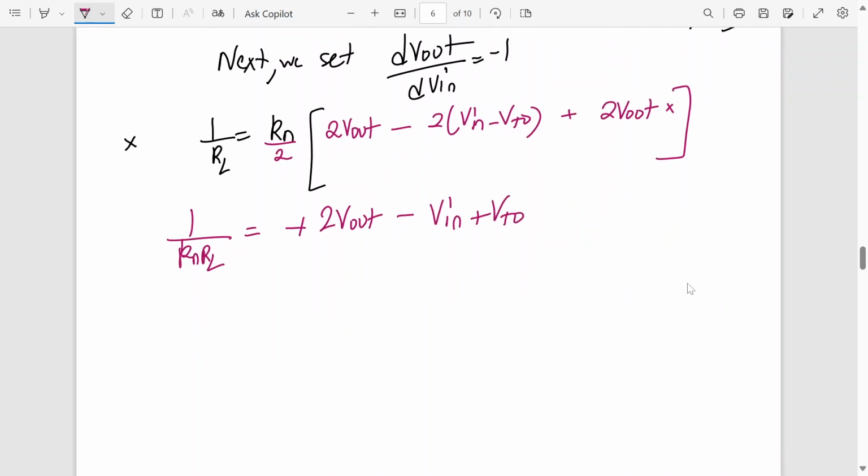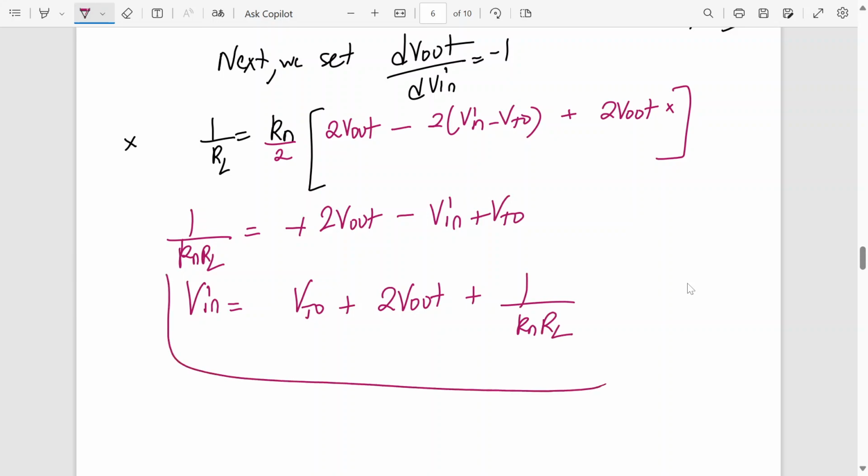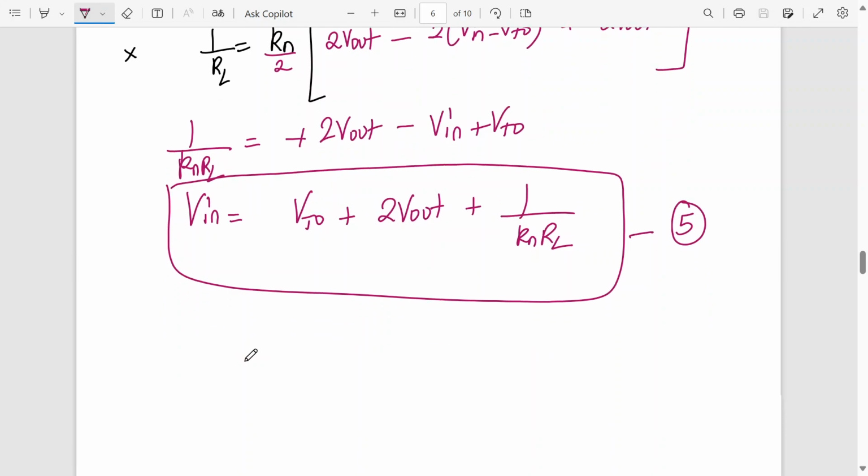So this is the expression we get. So we can say V in is equal to VTO plus twice V out plus 1 upon Kn times RL. So this is a new equation, equation number 5.